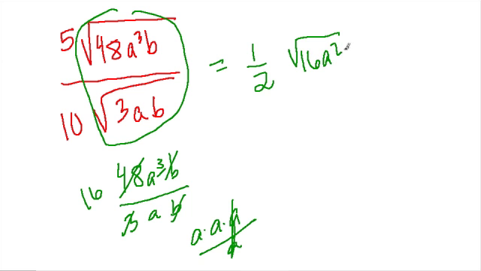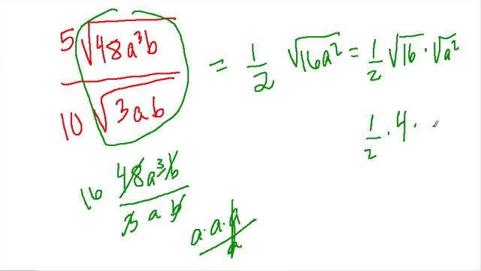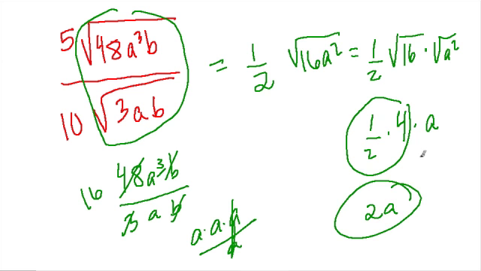And that's much easier to deal with because that equals 1/2 times the square root of 16 times the square root of a squared. Square root of 16 is 4. 4 times 1/2 times the square root of a squared, which is just a. So this equals 2, and our answer is 2 times a, or 2a for that problem.